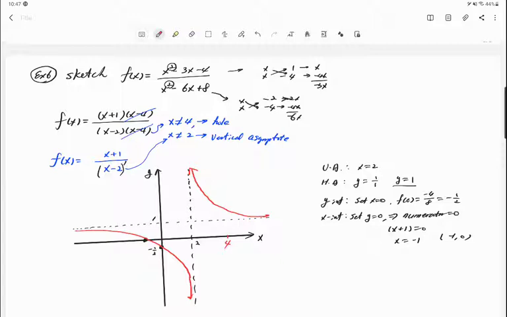If x equals 4, let's check it. f of 4 equals 5 over 2, so 2.5. So there is a hole over there.